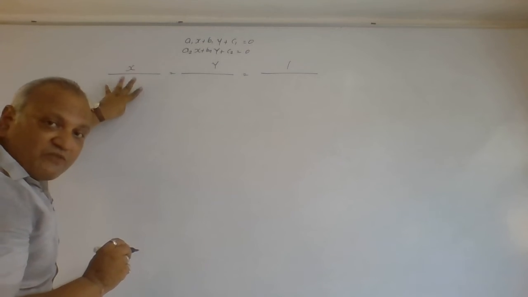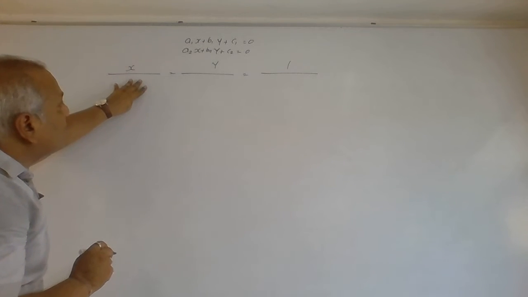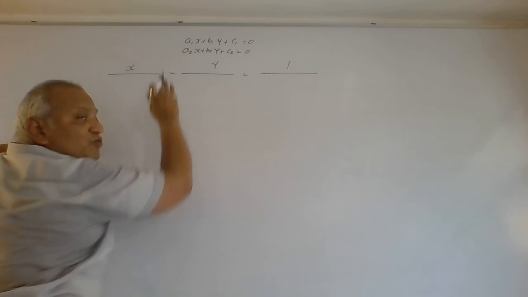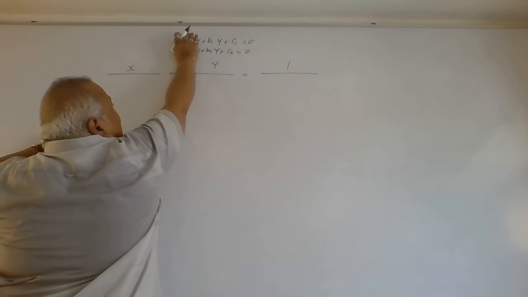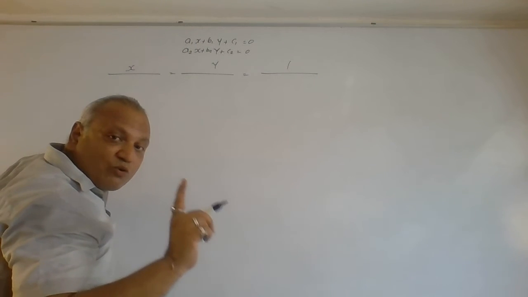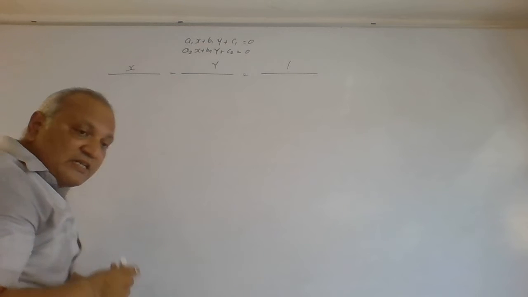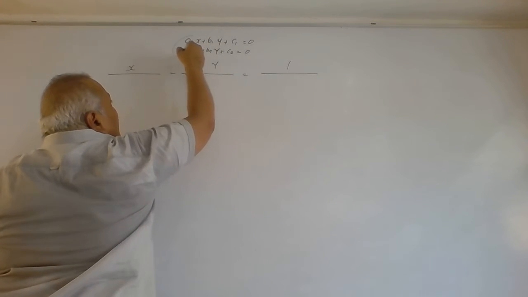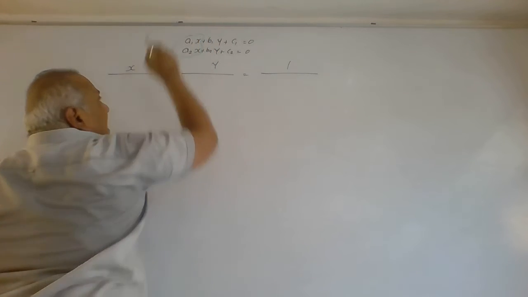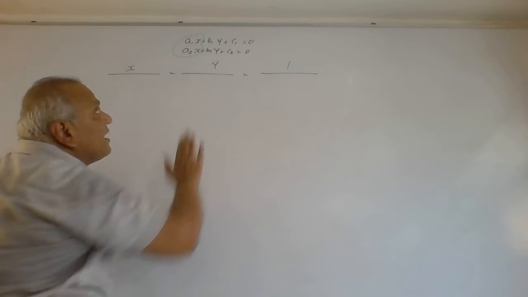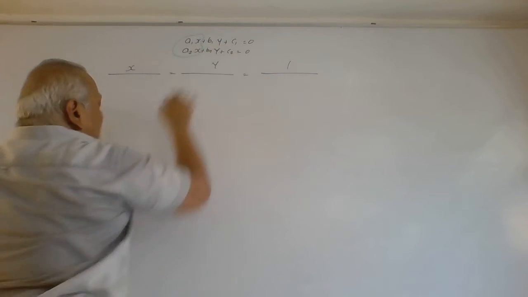Now we will fill in the values. If we want to put the value below x, then we have to close x. What should we do, beta? We have to close x, and whatever the coefficients except x, I repeat, suppose I want to put the value below x, then I have to remove this x. This should not be considered. Now we have to consider only these two terms.